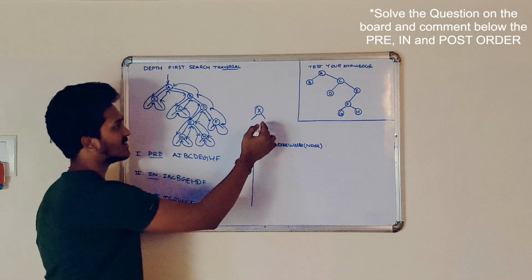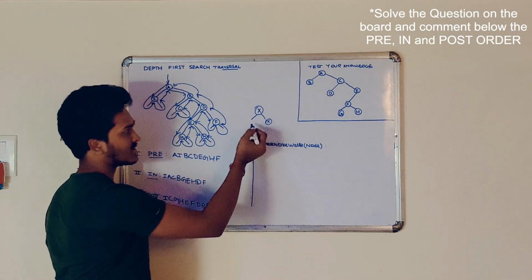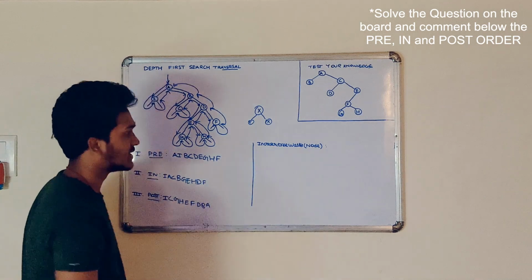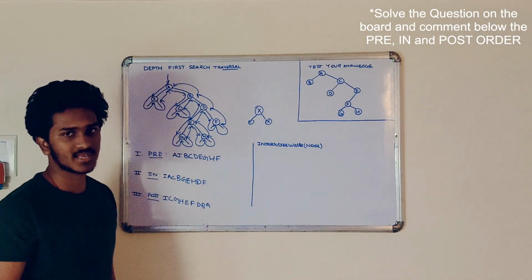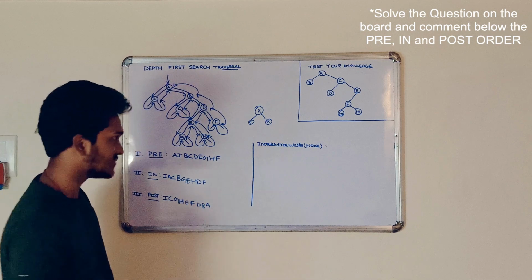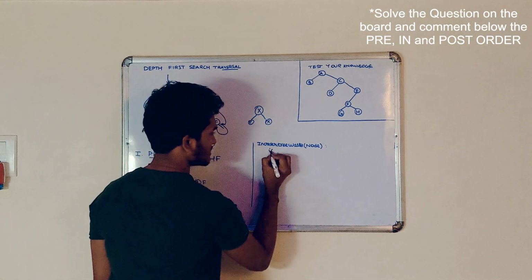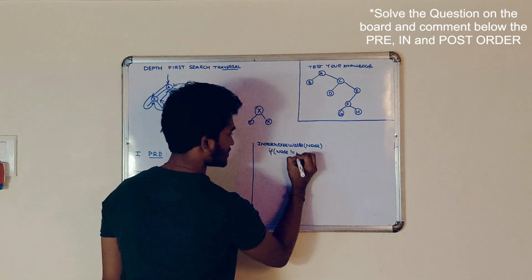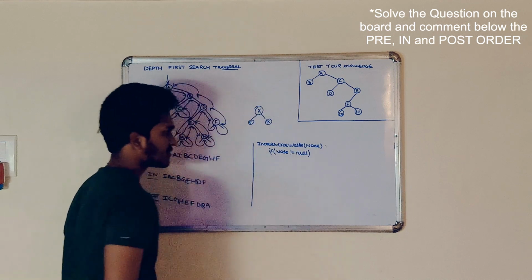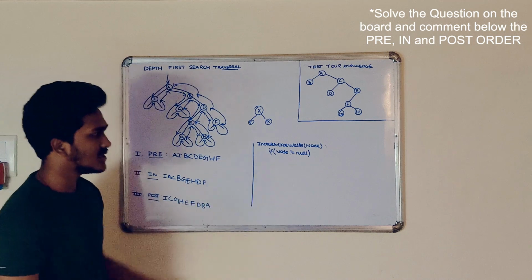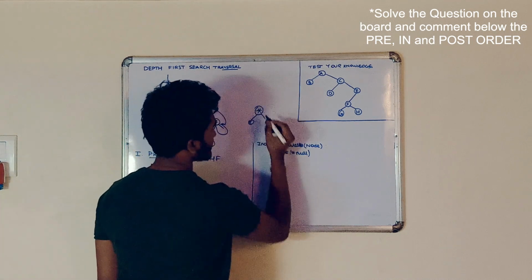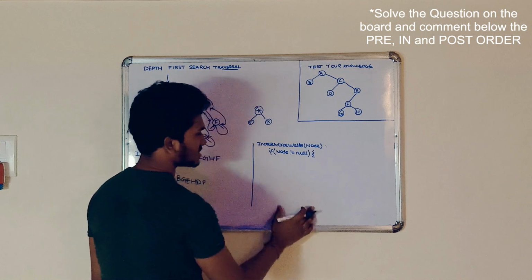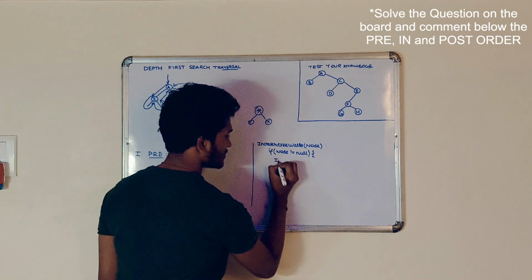Let's say if it does not have the right subtree, or the left subtree is missing, either of them, or if both of them are missing, then your program might throw a null pointer exception. In order to handle this exception, you need to explicitly mention as a base case of recursion that node is not null. Well, if the node is not null, then you might say that we'll traverse the tree in the given order.